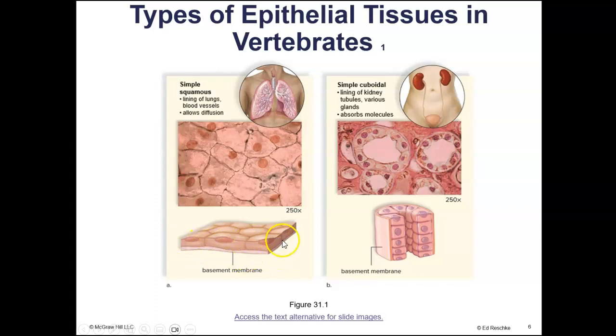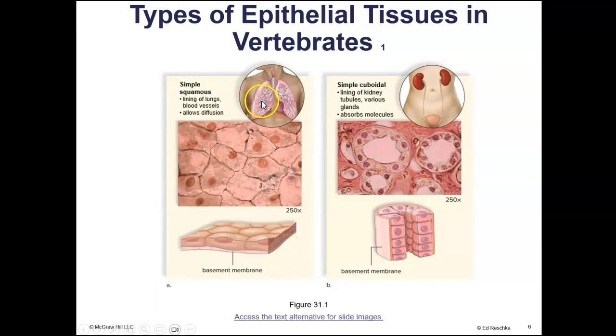It is the thinnest, most delicate tissue in the body, and we find it lining the capillaries and also lining the air sacs of the lungs called alveoli. Because it is so thin and delicate, its purpose is diffusion.